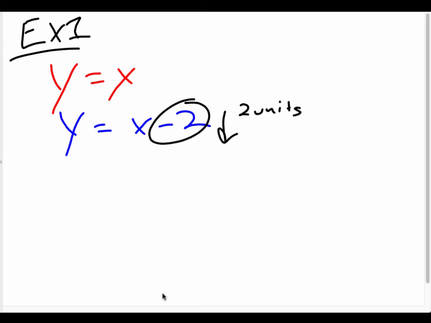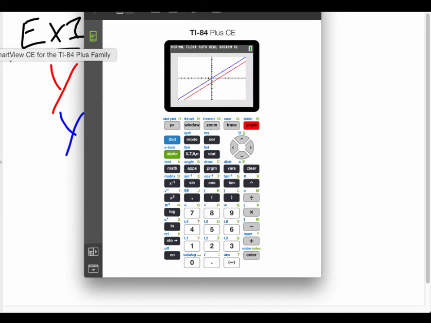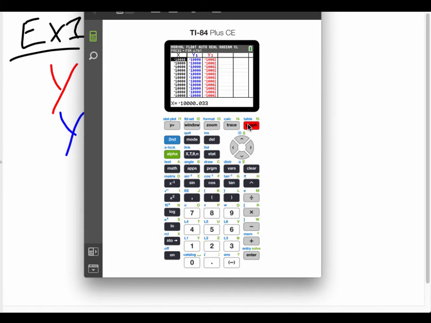Now we can verify this on our calculator with the table of values as well. Let me make this number a little smaller. Whatever my y value is, that's just my function y equals x. I'm going to subtract 2 from it.